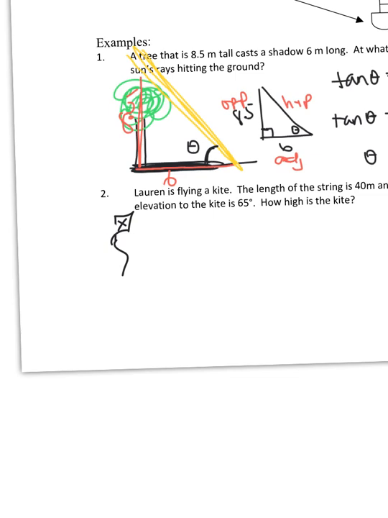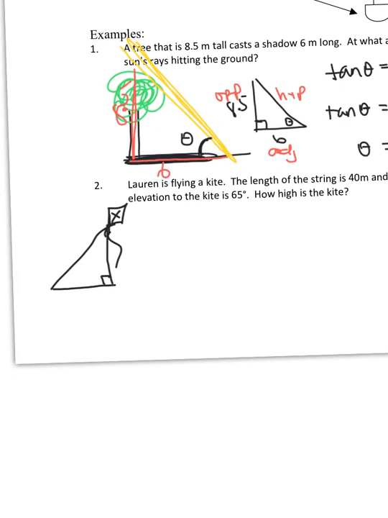Try again. So we have our kite string coming down here to the person holding it, and then directly under the kite, we're creating that 90-degree angle with the ground. Okay, it says the kite string is 40 meters long, so that's going to go along here. Here's my 40 meters. The elevation to the kite.